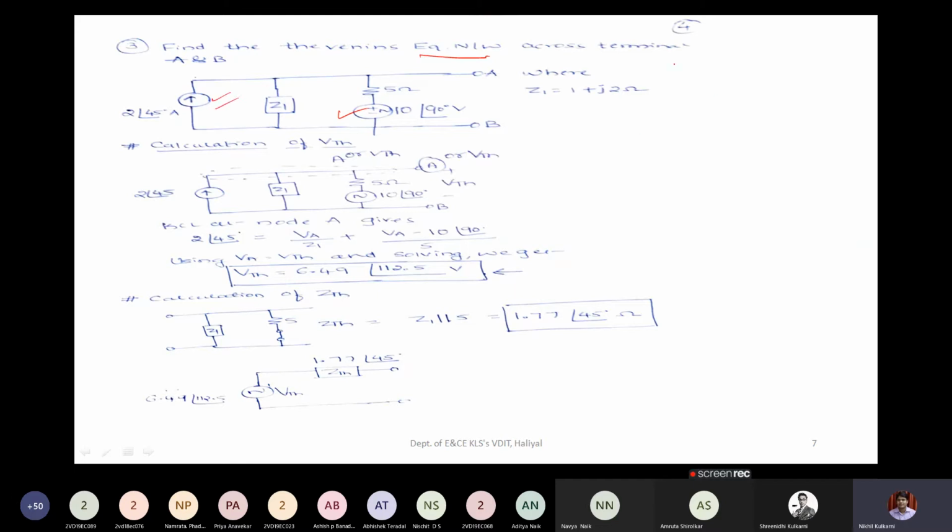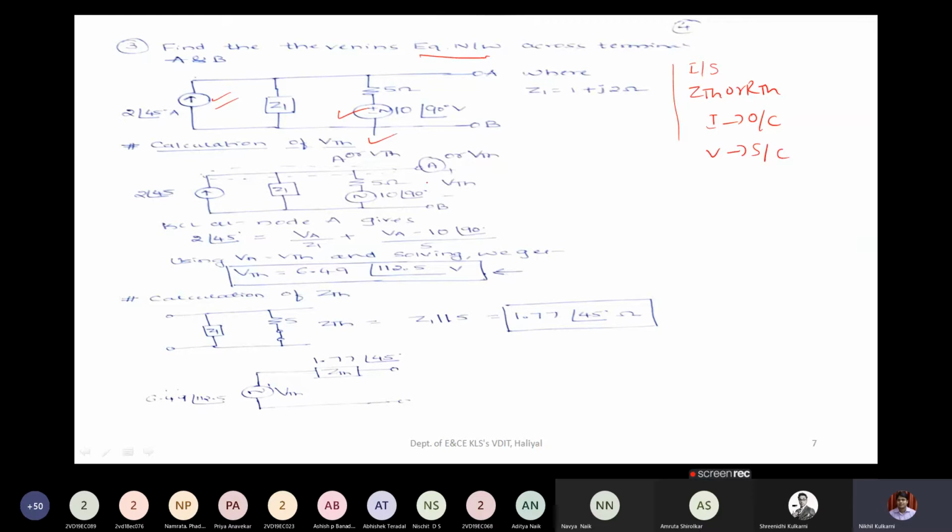As we know, in case of independent sources, while calculating ZTH or RTH, you have to disable the sources. That means the current source should be made open circuit, and the voltage source should be short circuited. So first step is the same thing. Again, you have to calculate VTH.